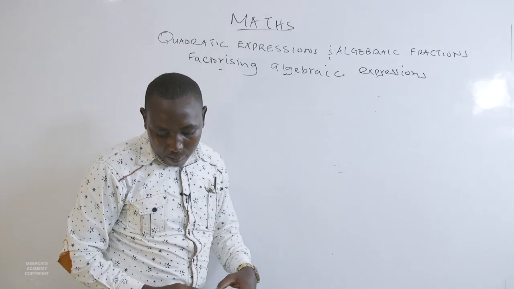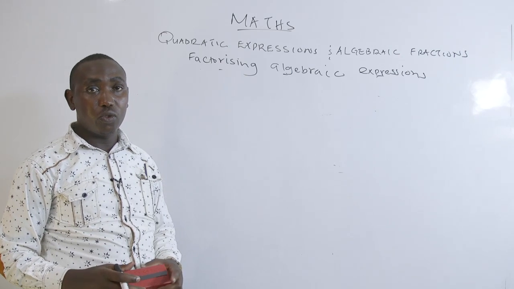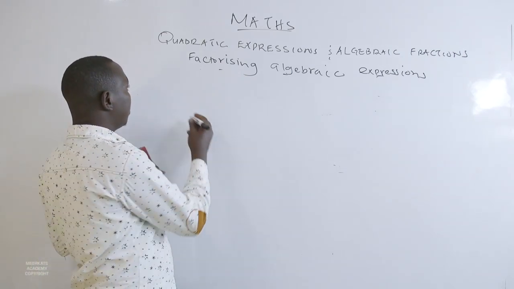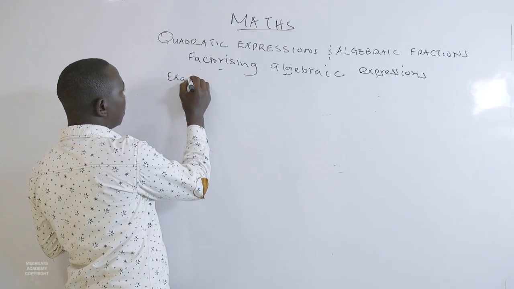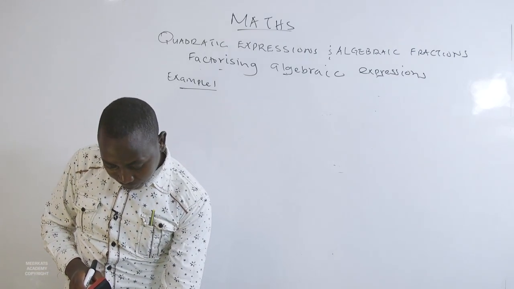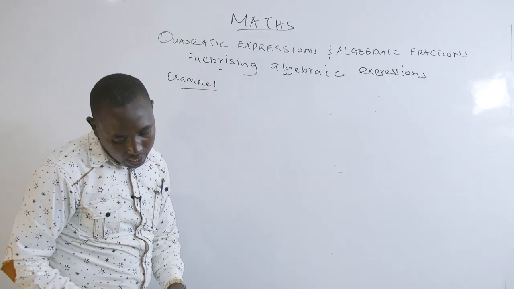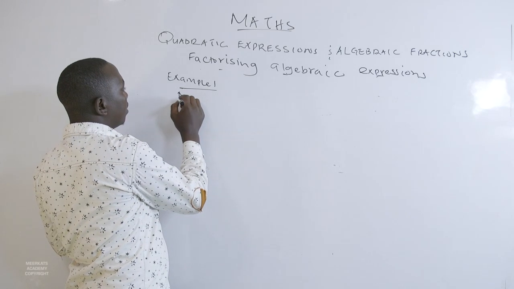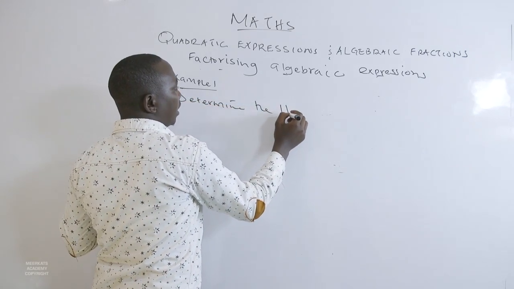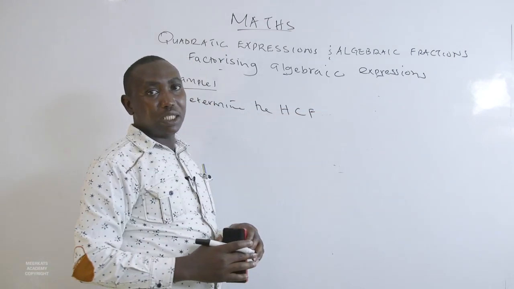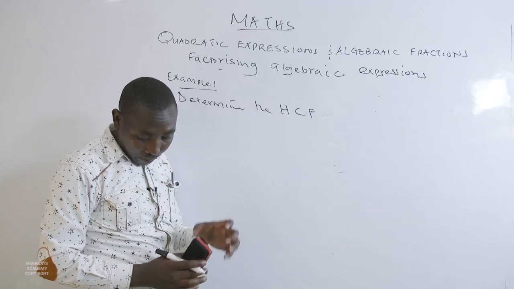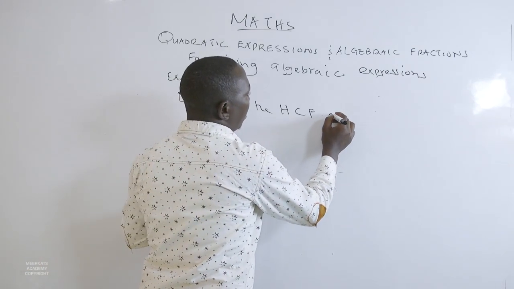We now want to consider a number of examples on how we can factorize algebraic expressions. Example 1. Determine the HCF, by now you know what HCF means, highest common factor, of the following.